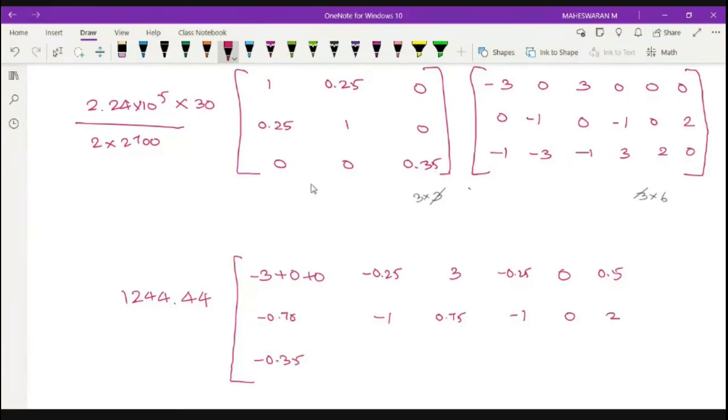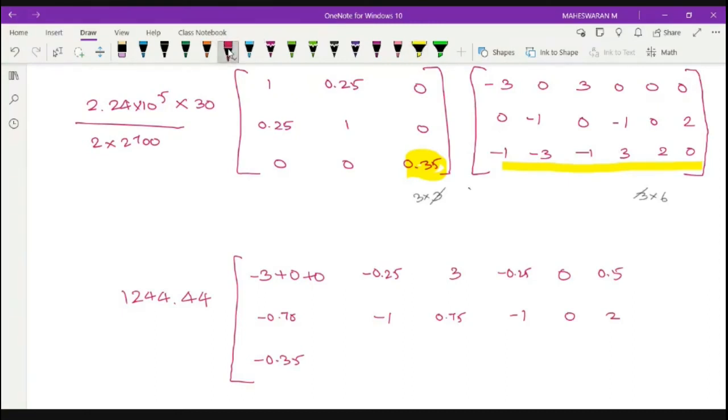So the thing is, you will be multiplying only this term. Other things, I think everything, so these two rows will be 0, right? So just multiply that, and you will get the value.